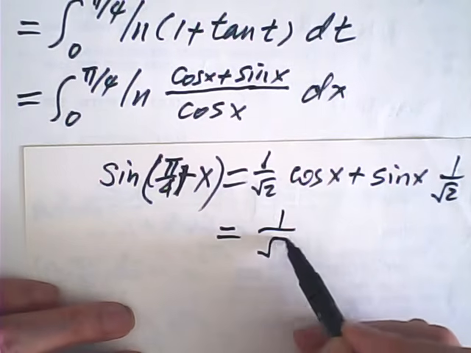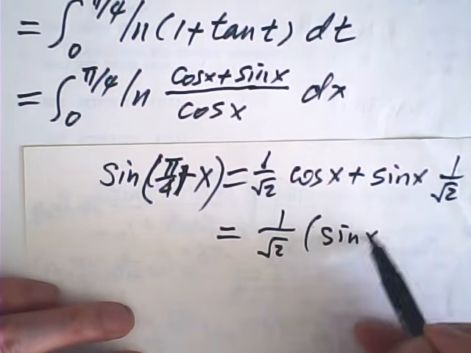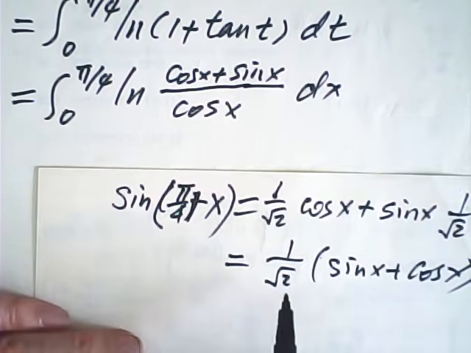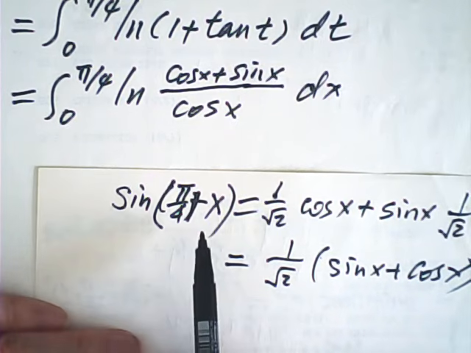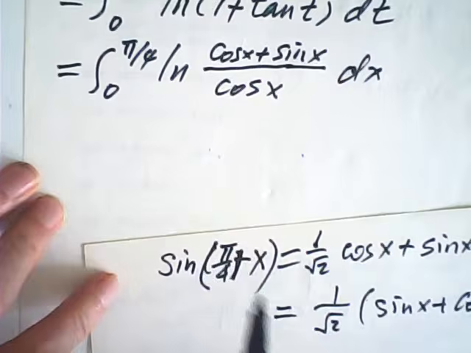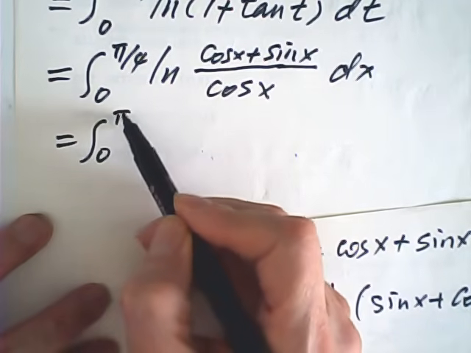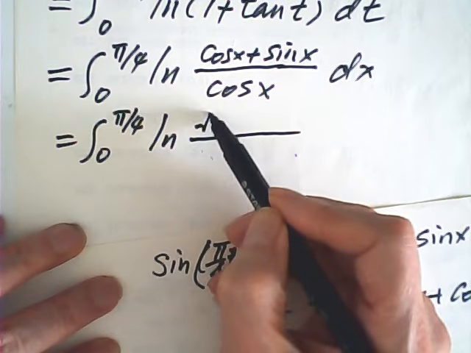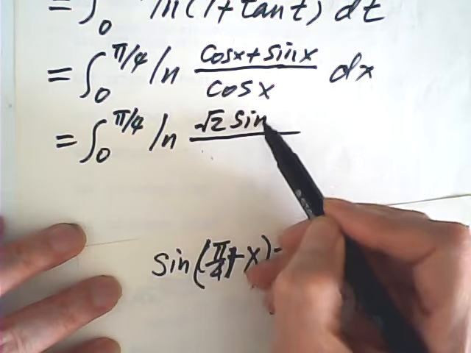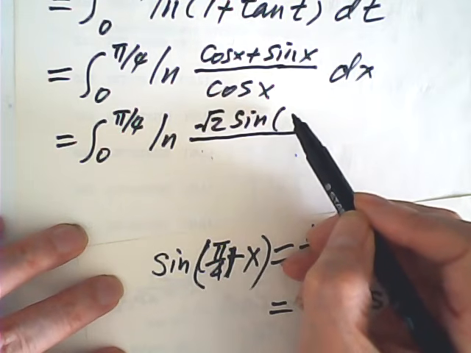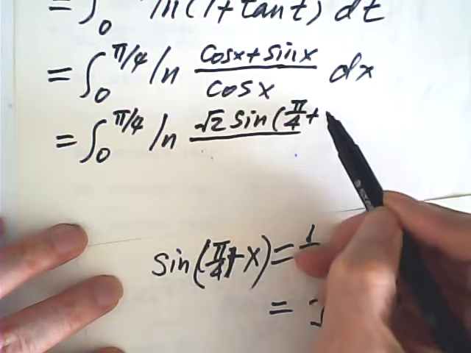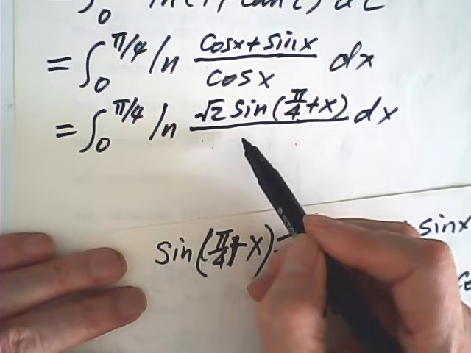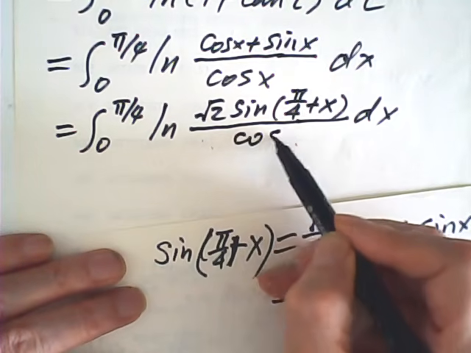So this is 1 over root 2 times sine plus cosine. So sine plus cosine is root 2 times sine of quarter pi plus x. So this is equal to the integral from 0 to quarter pi of natural log of root 2 times sine of quarter pi plus x, over cosine x, dx.